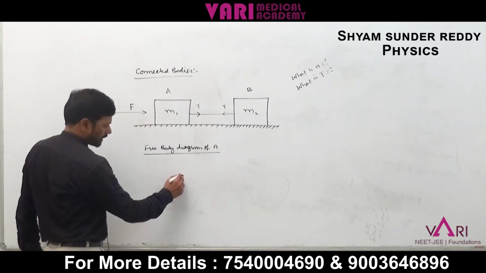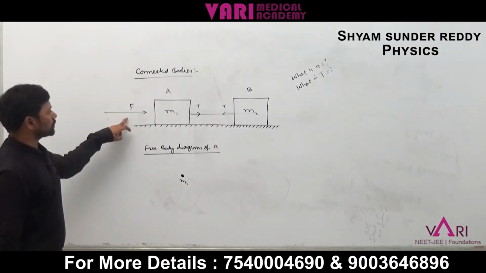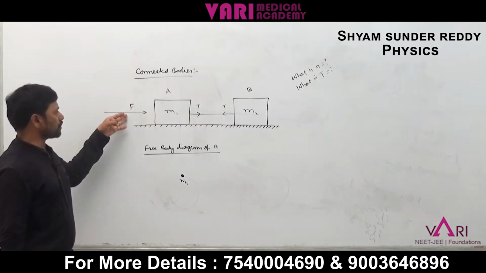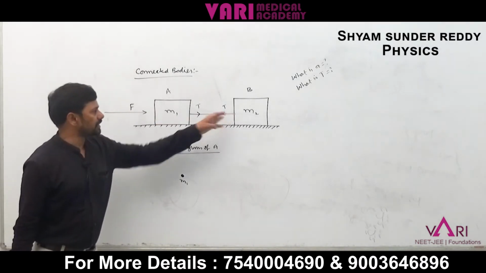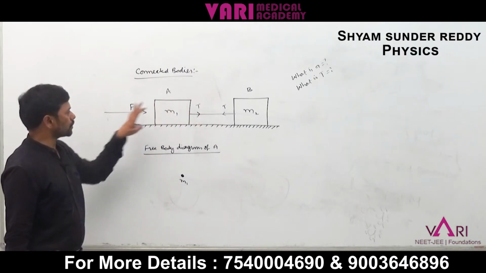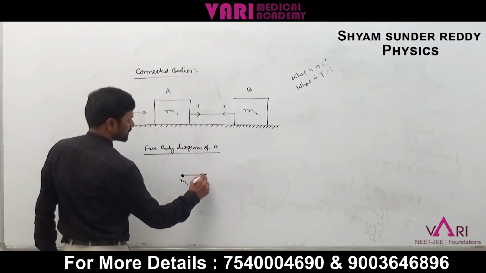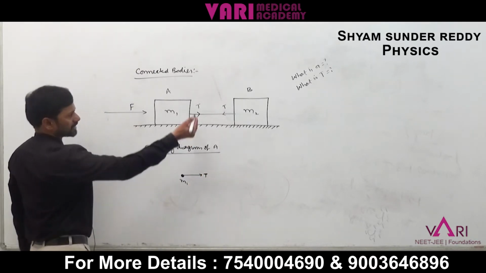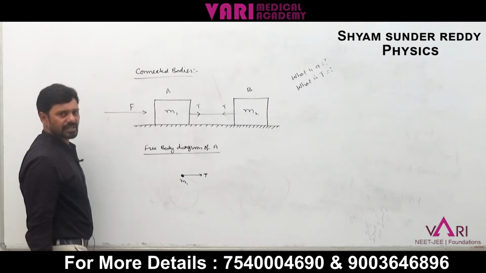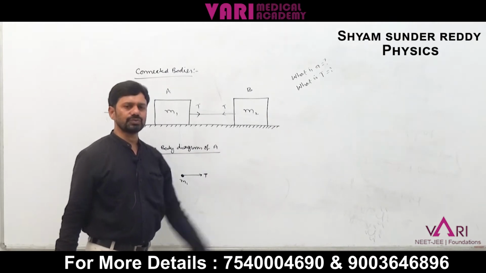In this, two forces are acting: one is the applied force F, and the other is the tension between the two masses, which is also a force. Take it as T. If the string is changed, the tension is changed. That's why, as a single string is there, it is tension T. If one more string is there, we need to take T1, T2.